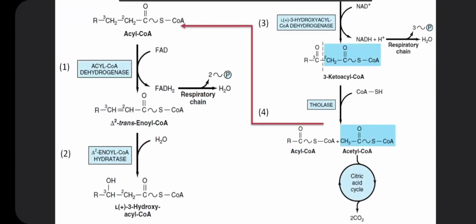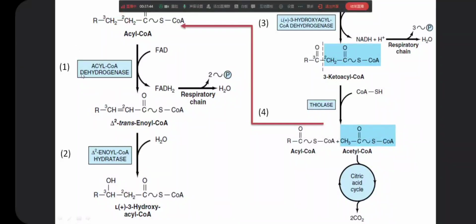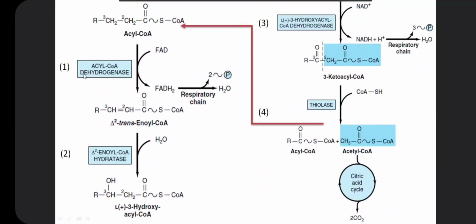And next, we will see the reactions involved in beta oxidation. So we start from this part. The first step is this acyl coenzyme A. The first reaction is the removal of 2 hydrogen atoms from the alpha and beta, or 2 and 3 carbon atoms.